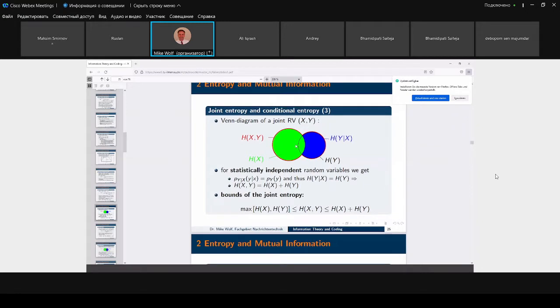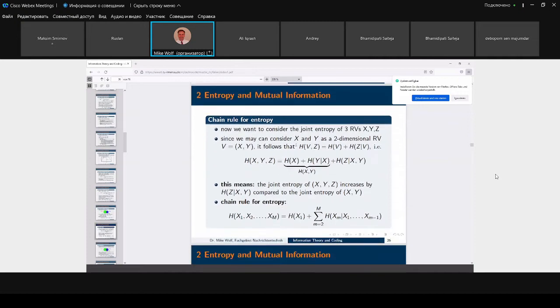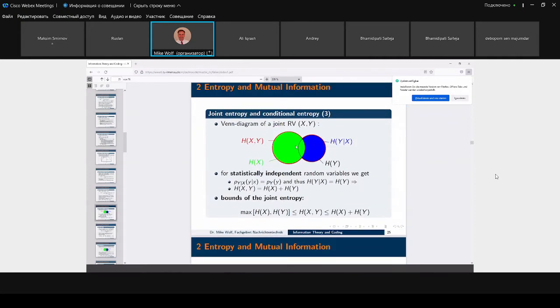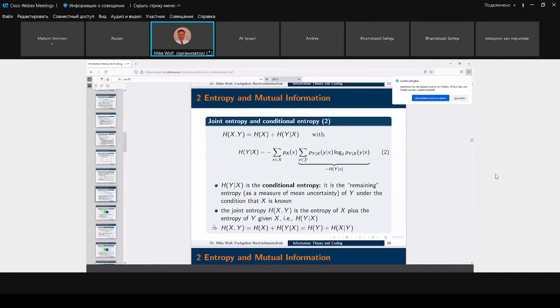And what we basically want to show is that the joint entropy, here's the joint entropy, can really be written as the entropy of X, for instance, plus the entropy of Y given X. We start with the joint probabilities and substitute the joint probabilities by the conditional probabilities.